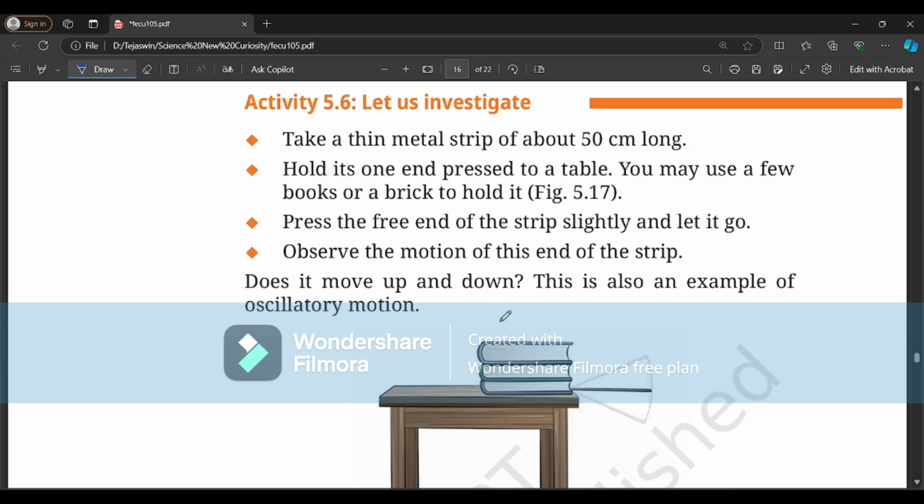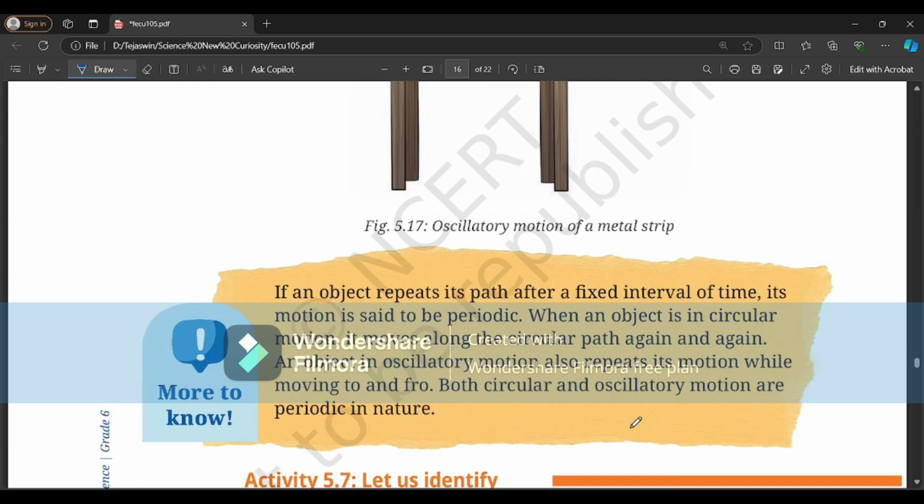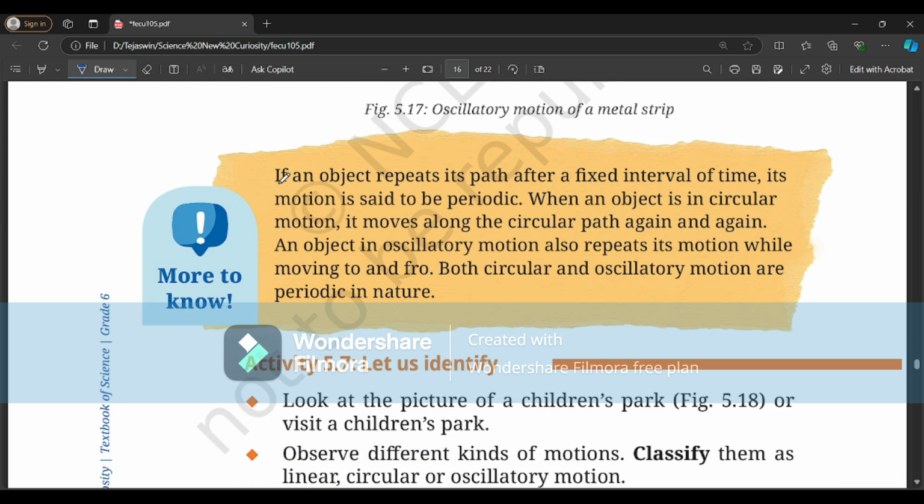There is one more activity where a thin metal strip is pressed on a table, and then when you click on this end, the scale moves from here to here. So this is an oscillatory motion. What do you understand? What is an oscillatory motion? If an object repeats its path after a fixed interval of time, it is said to be in periodic motion.